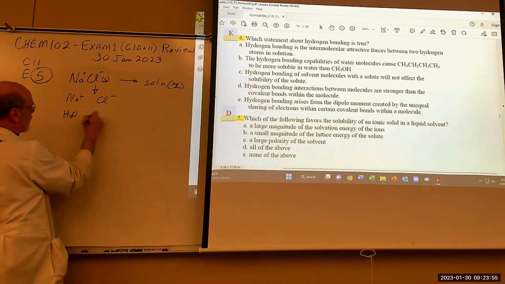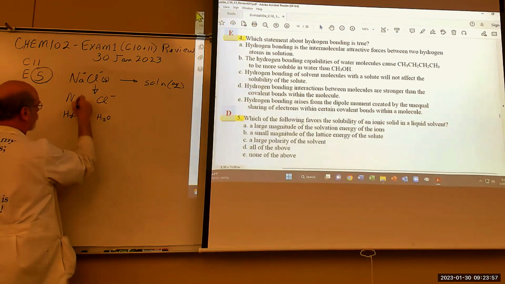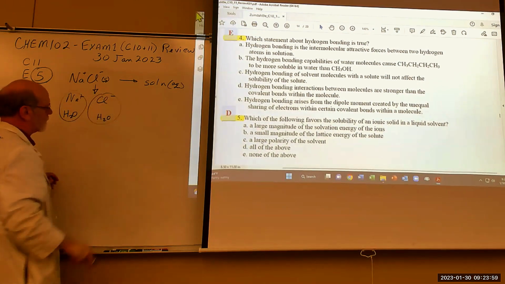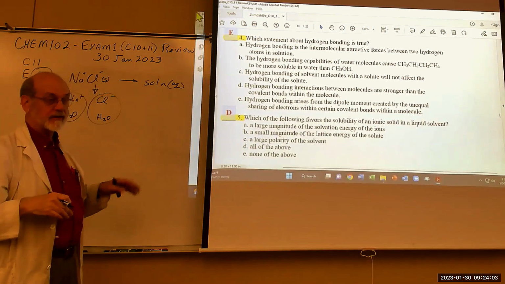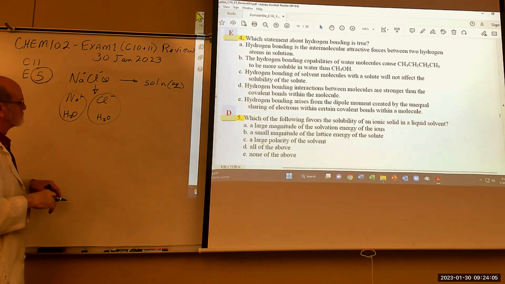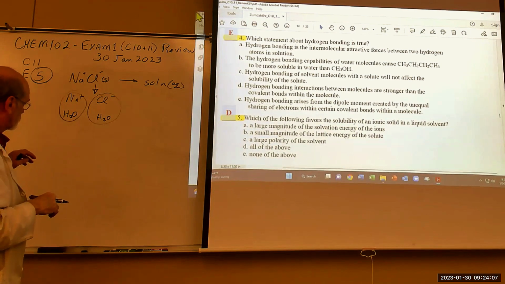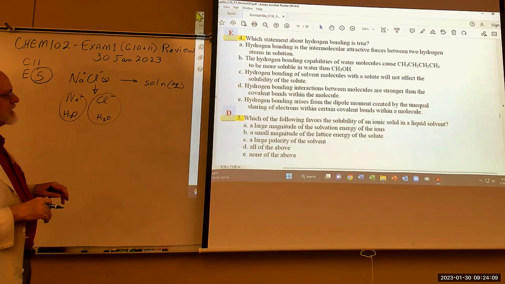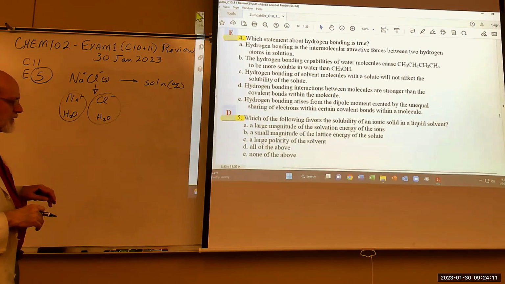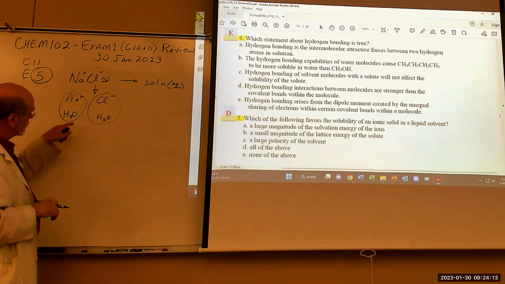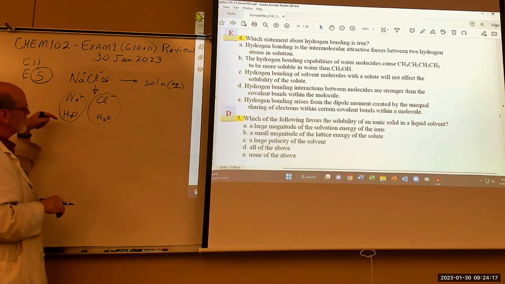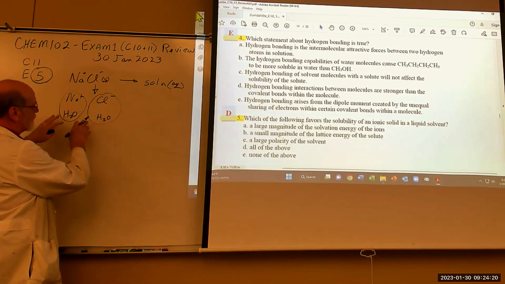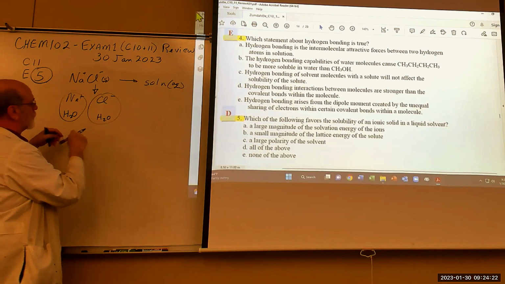You've got to add water molecules to each one and form those ion and hydrogen bond interactions, electrostatic interactions. Let's see. Solvation energy. Okay, solvation energy is this, going from here to here. When you solvate these ions, this requires energy.